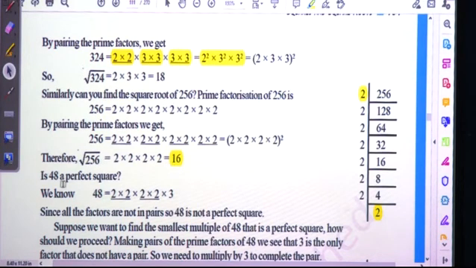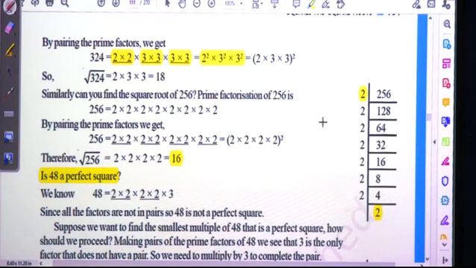Proceeding further, is 48 a perfect square? Next value they have explained to us, is 48 a perfect square? We know 48 is equal to 2 into 2 into 2 into 2 into 3, the prime factors of 48, or we can do the calculation here.